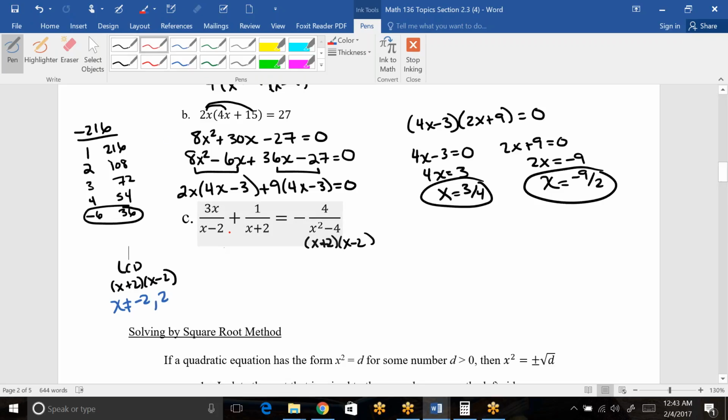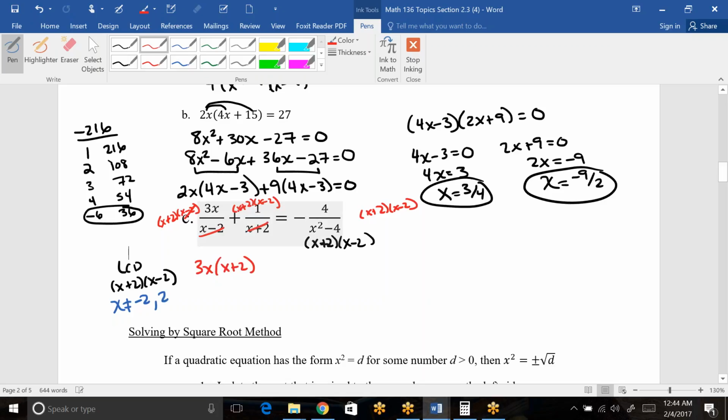If we get these answers at the end, we have to throw them out. And then remember, we're going to multiply each, and I don't have a lot of room, so I'm going to write it in red. We're going to multiply each fraction by those two pieces of the LCD. And x plus 2, x minus 2. In the first one, the x minus 2 cancels, and you get 3x times x plus 2.